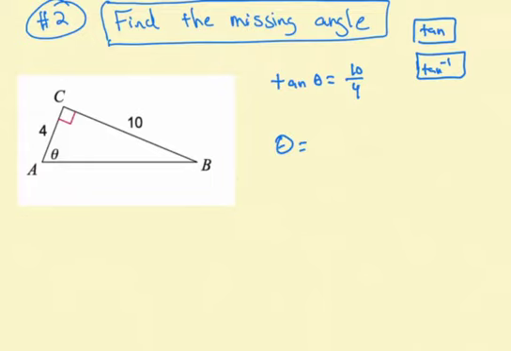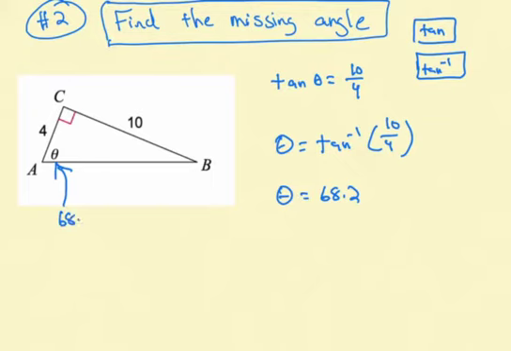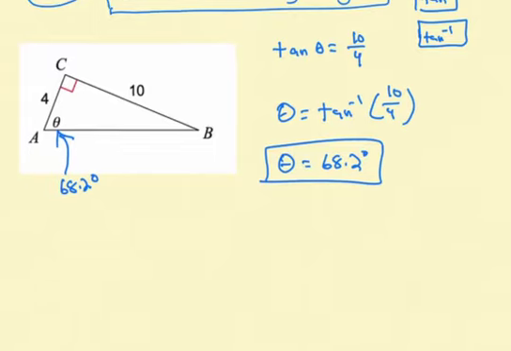We're going to say that theta equals the inverse tangent of 10 over 4. Now this is just done in the calculator. So I'm going to put that in my calculator, and then I'm going to round it to the tenth place. So 1 decimal place, and I get theta equals 68.2. So we can go ahead, label that 68.2 degrees, and we're finished with that question.